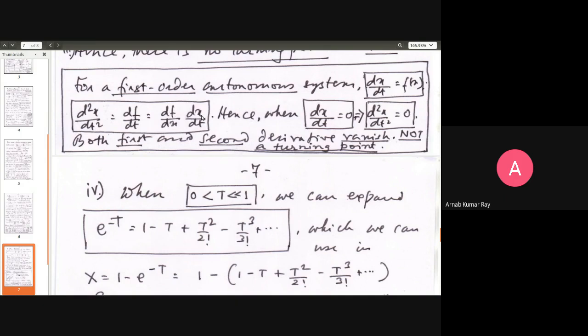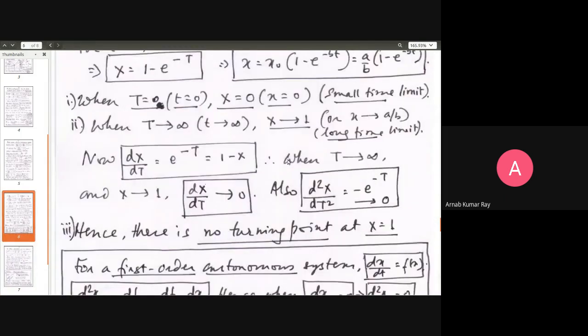But if dx/dt is equal to 0, by the nature of autonomous differential equations, d2x/dt squared will also be equal to 0. So both the first and second derivatives vanish at the same time. If the first derivative vanishes, the second derivative must vanish. And that is not the signature of a turning point. Be careful about that. So we don't have a turning point in the function.